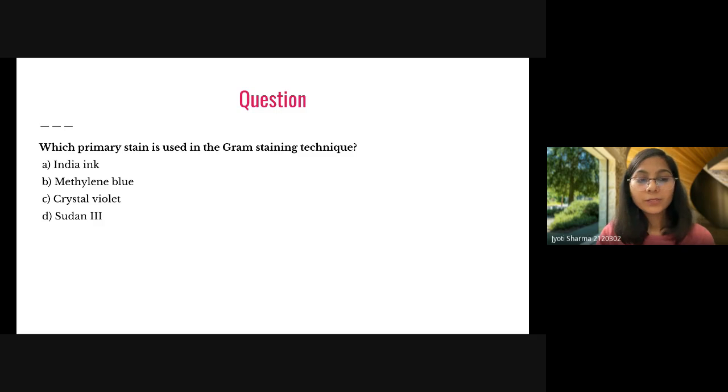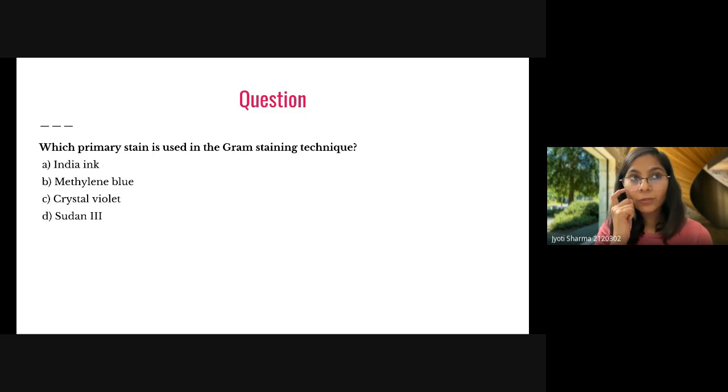Okay, the next question is, which primary stain is used in the gram staining technique? The options are India ink, methylene blue, crystal violet, and Sudan III. We have two types of bacteria: gram positive bacteria and gram negative bacteria.